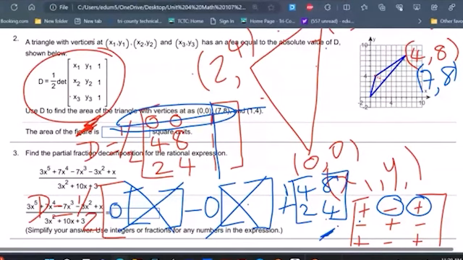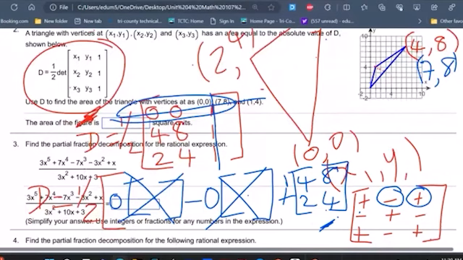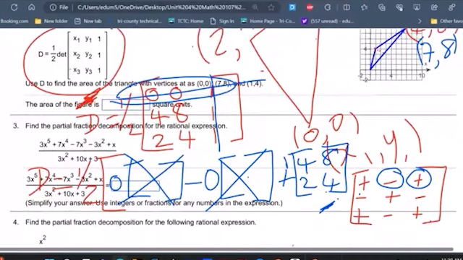The coordinate here is 2, 4, and the coordinates here are 0, 0. So let me go back and fix this one. It's going to be 7, 8 right here, because I didn't read that right.